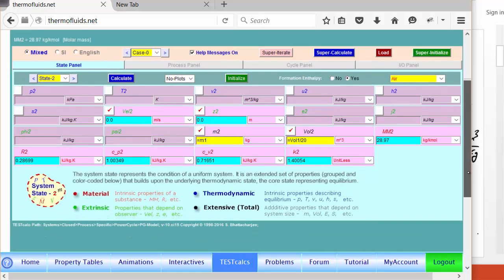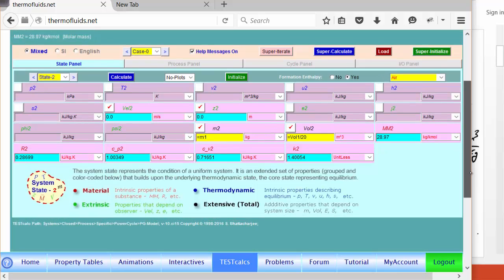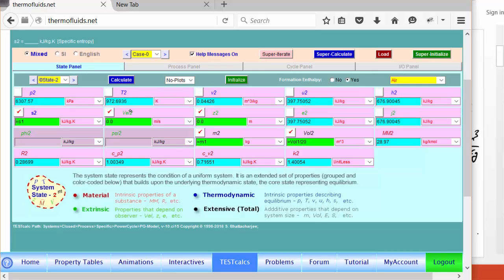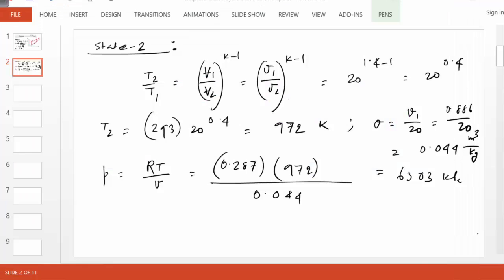Obviously, we cannot enter specific volume now. Even if you click, you'll find an error message, which is not shown here at the bottom because our screen is kind of limited. And entropy, S2 equals S1. So that gives us the temperature at state 2. That's correct. So state 1 and 2 have been found.